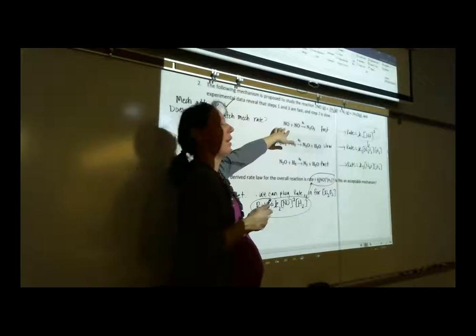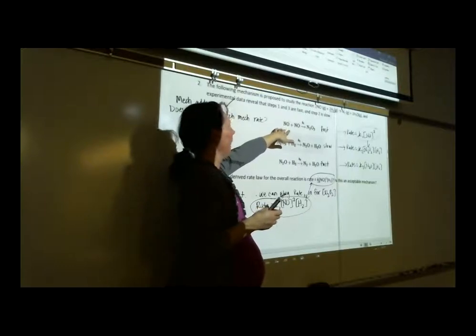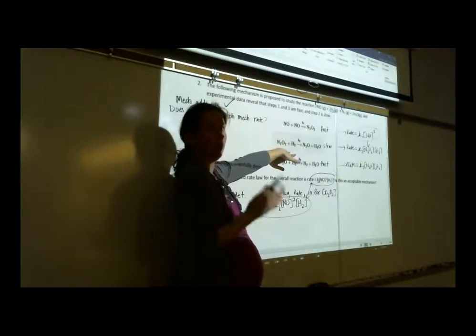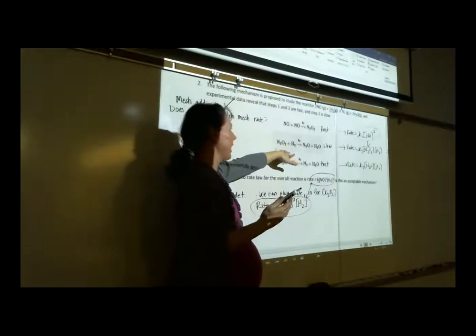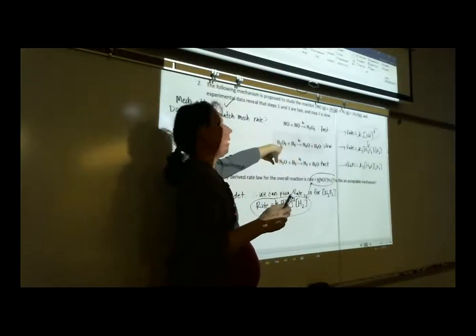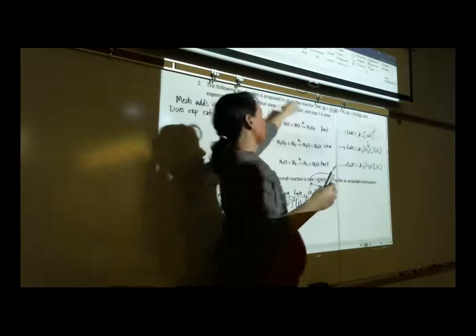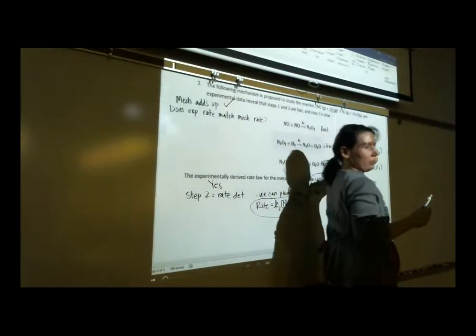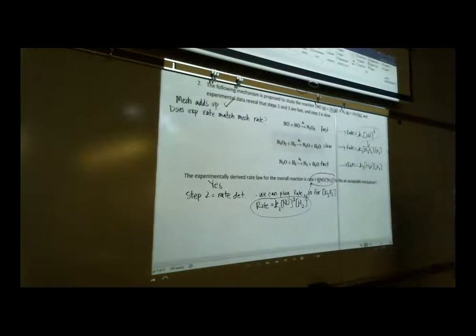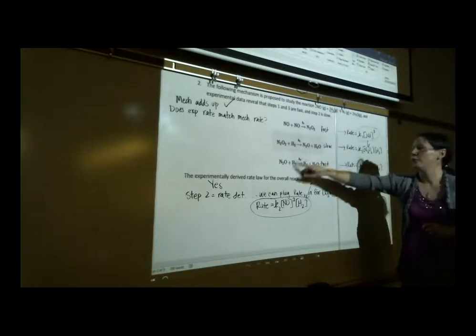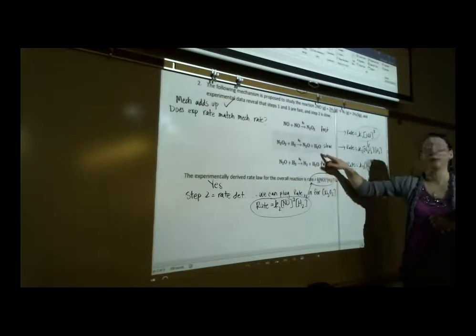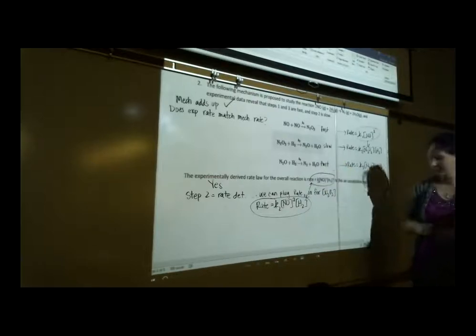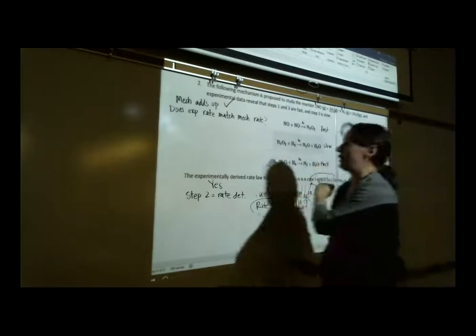Okay, but because step 1 is really, really fast, and step 2 is what determines the overall rate, I can say with confidence that the concentration of N2O2 is the direct result of this being fast. Therefore, I can plug this in as concentration of N2O2. Does everyone see how we got away with that? I couldn't plug in, say, this for this, because this is the rate determining step, and this one's really fast. So that one was a tricky one.